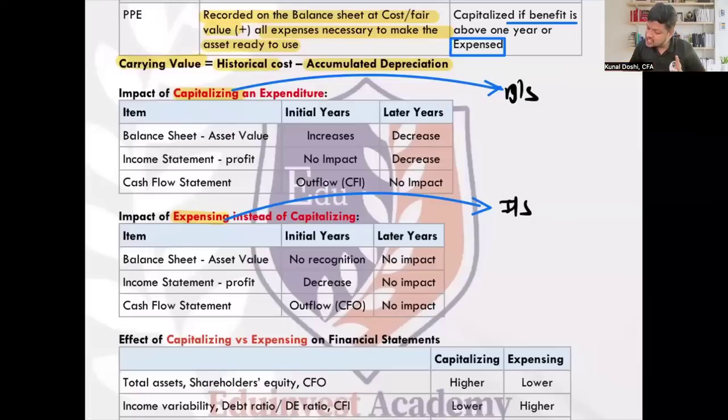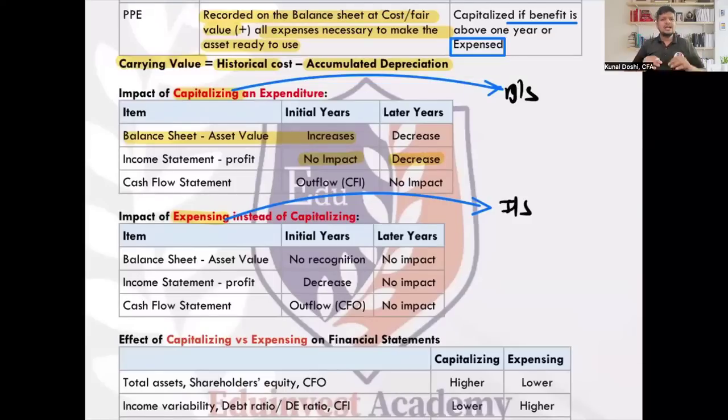Note this down. In the initial year, the balance sheet value of your asset increases. And because you don't expense it, it is not recognized as an expense in the current year. Later on, it does come into the income statement in the form of depreciation. So later on, your income statement profit will go down. Right now, there will be no impact because we capitalize.